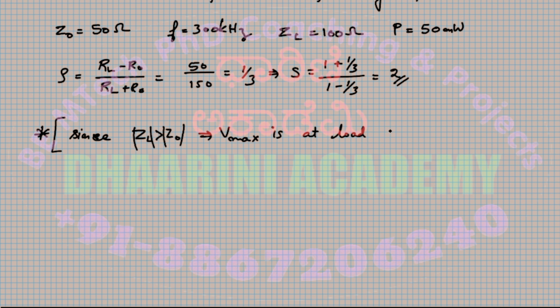And Vmin is located at lambda by 4 from the load.